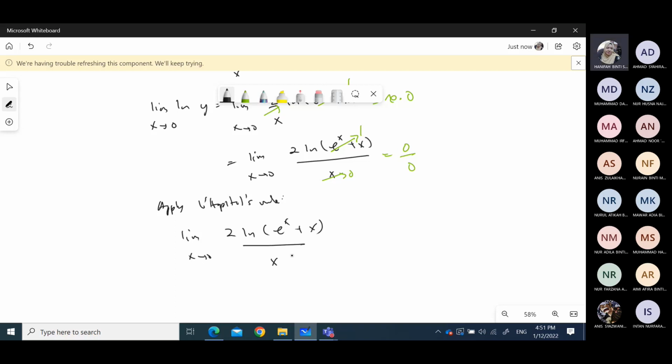This is equivalent to the limit as x approaches 0 of the derivative with respect to x of 2 times natural log of e^x plus x, over the derivative with respect to x of x.